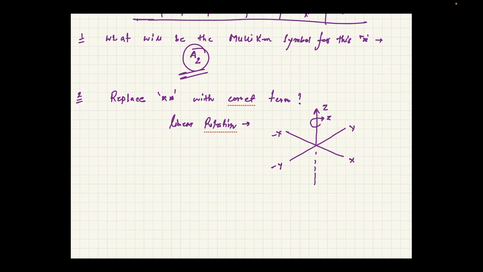So this is clockwise rotation. This is one basis, Rz. Now you have to perform all four symmetry operations on Rz. If you first perform the identity operation on Rz, the character will be 1, because identity operation means doing nothing.